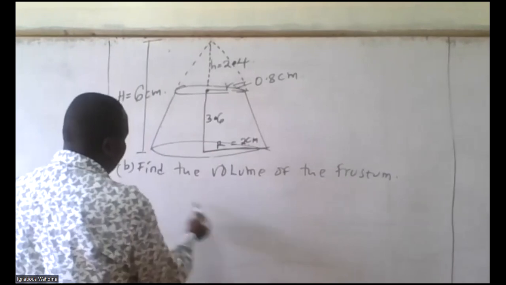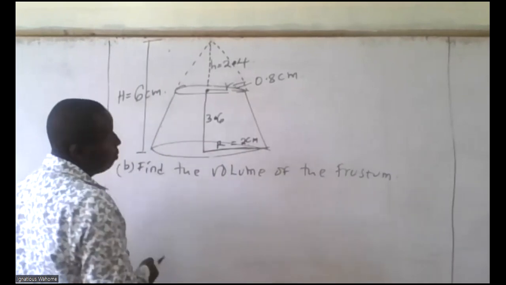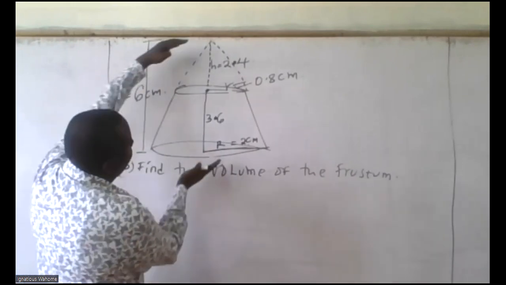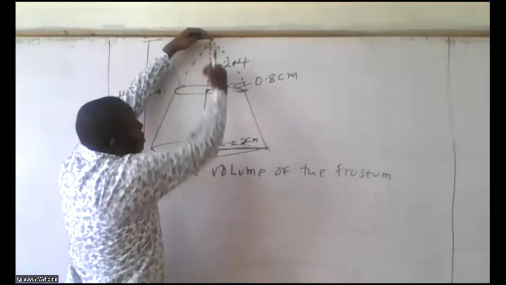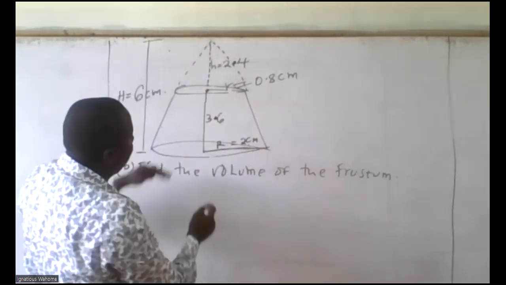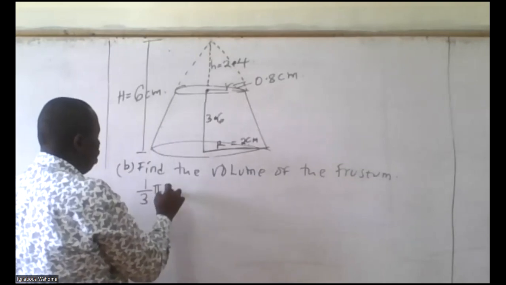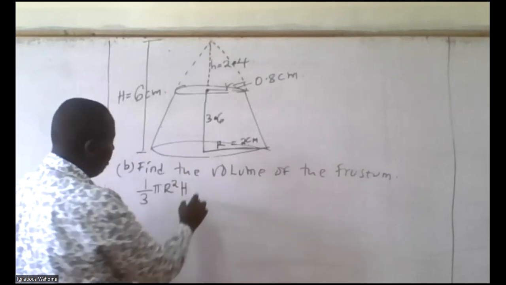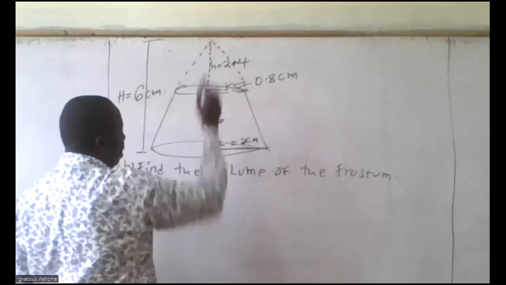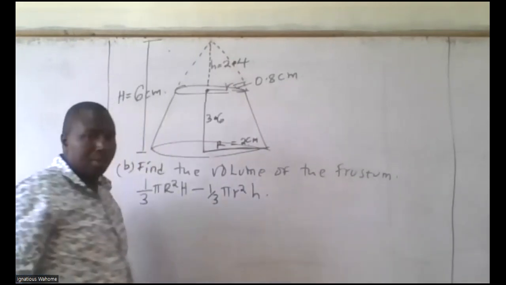Now question B, find the volume of the frustum. When you want to find the volume of the frustum, you find the volume of the original cone minus the cone that has been cut off. The volume of a cone is a third pi r squared h.